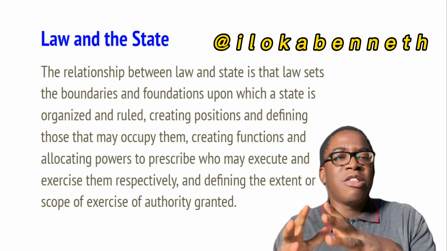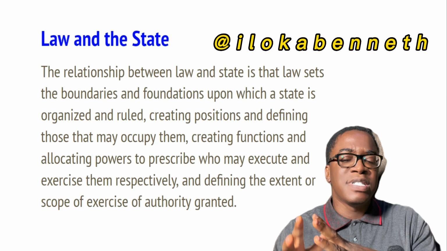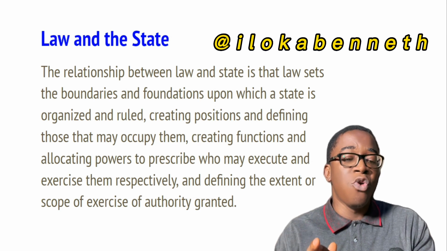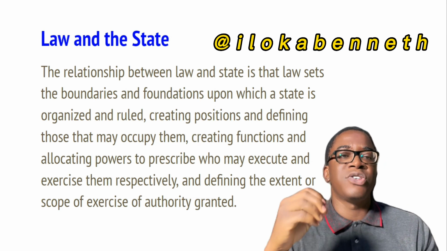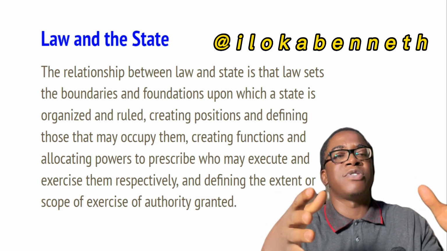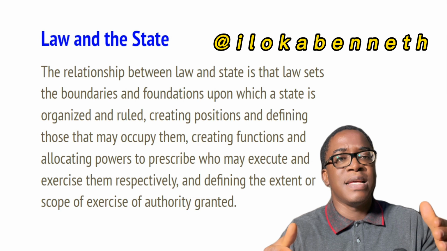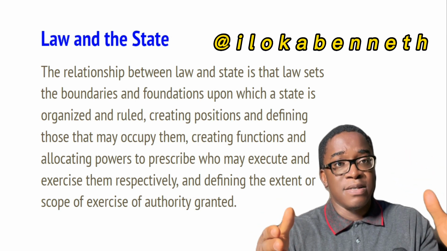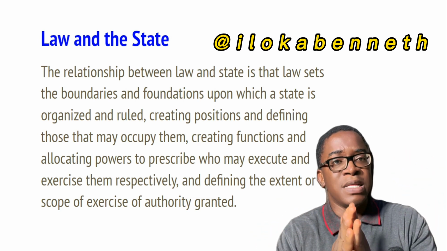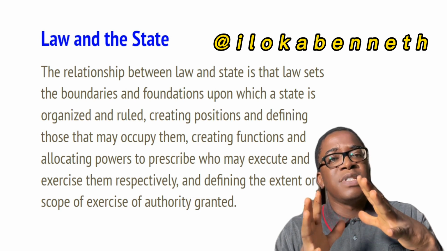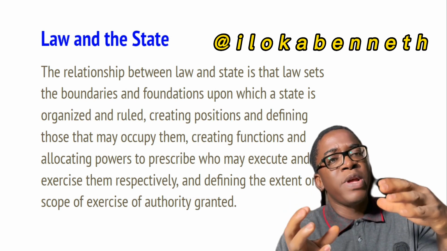Okay, so another element is that it ensures in creating positions and defining those that may occupy them. It is the constitution that created the three arms of the government: executive, judiciary, and parliamentary, or like we call it, the legislature. This constitution defines who will occupy them.